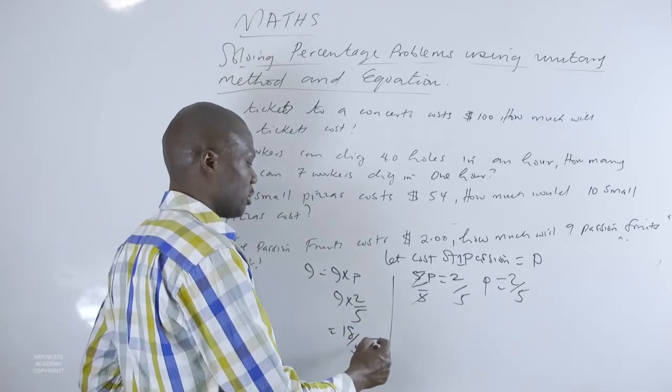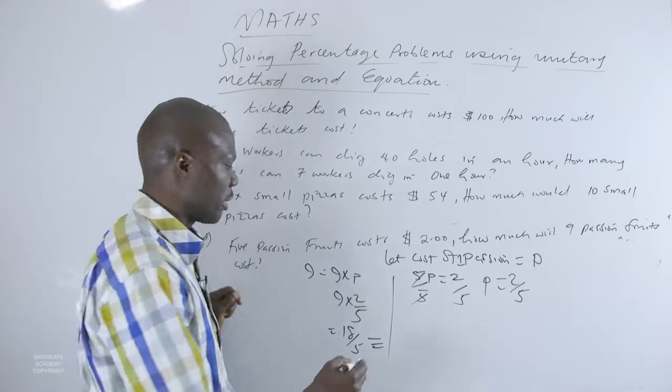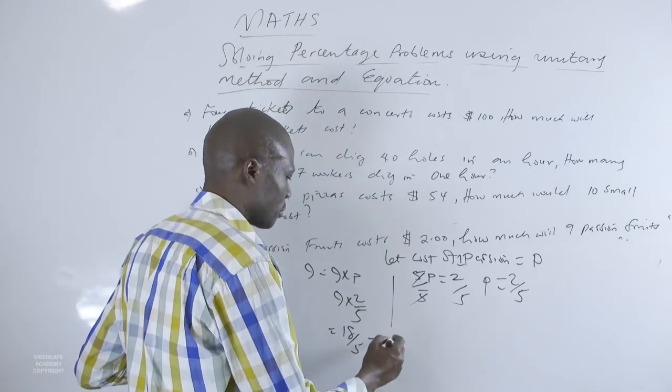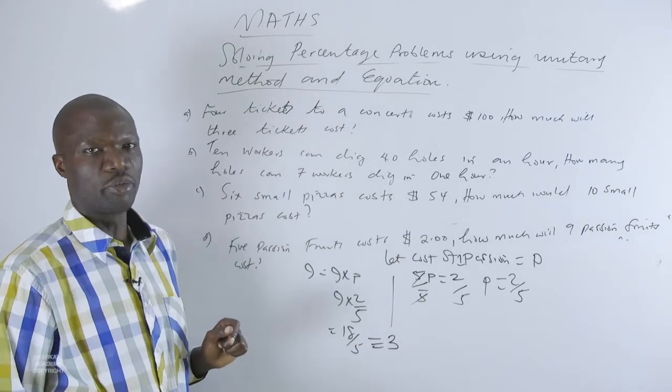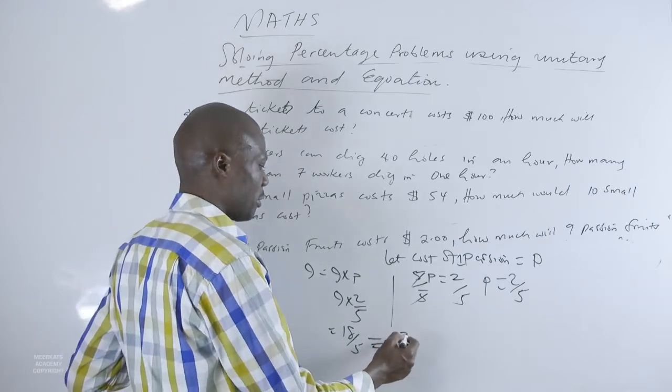which is equivalent to 3, because of 15, we made a 3 over 5.